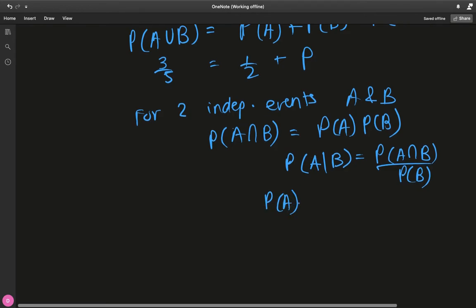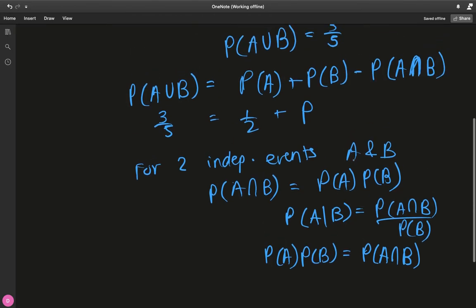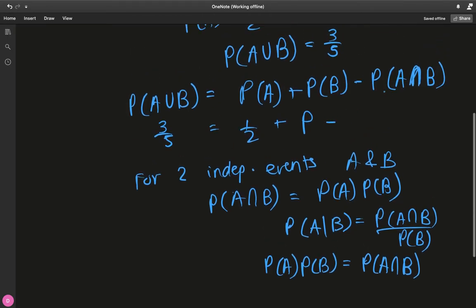So probability of A times probability of B is equal to probability of A intersection B. So that's where we get this formula from. In place of this intersection, we can just have probability of A times probability of B, which is p times half, which is p over 2.